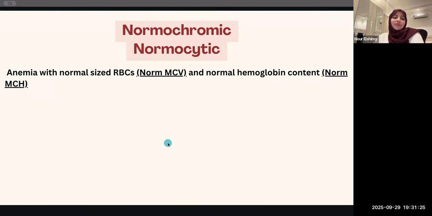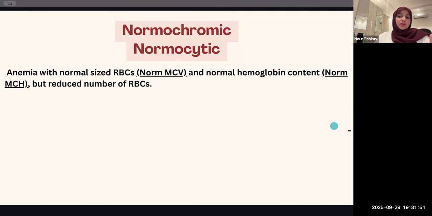So basically, we're gonna have a reduced number of red blood cells. So if you have reduced number of red blood cells, so overall less hemoglobin and so on, leading to anemia, less transfer of oxygen to body cells and all of that, okay? Even though we have normal sized red blood cells and normal hemoglobin content, it's just about the red blood cells being reduced in number. So what are the different causes of this?